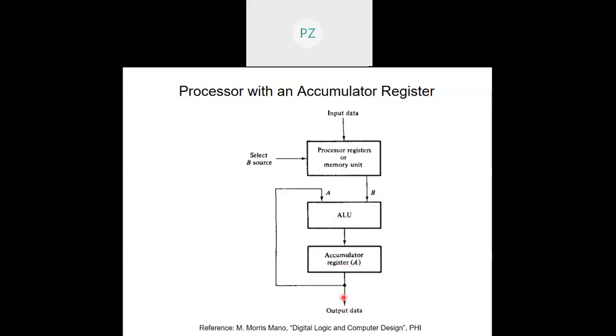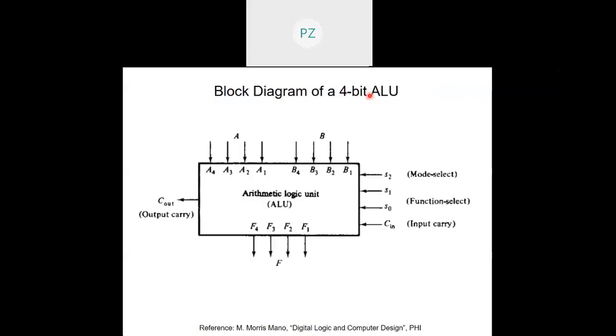Now this is available not only as the output data but goes back here. This will have the select lines for B source, which of these registers or which location of the memory will be supplied by the select B source. So this will be the block diagram for a processor with a special type of scratchpad register, which will be called the accumulator register, right?